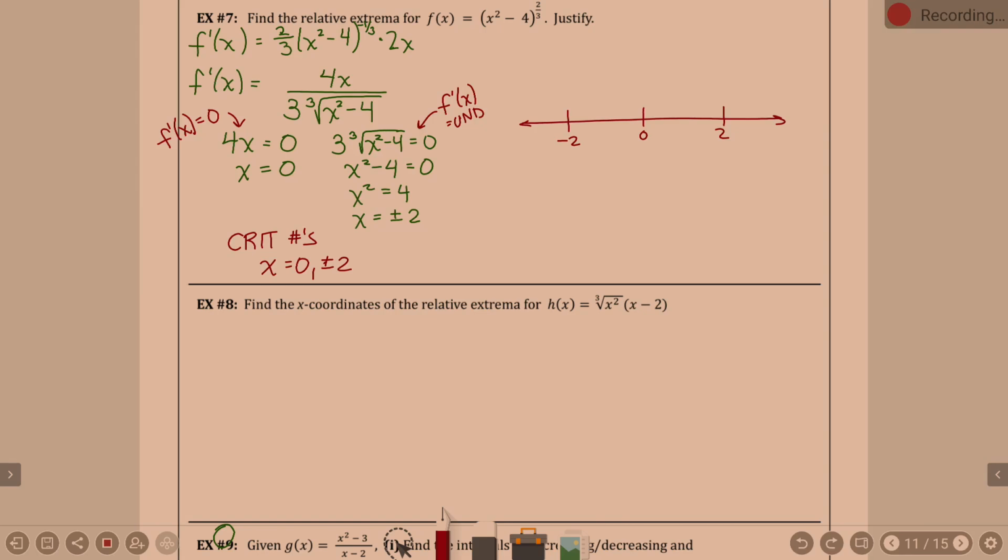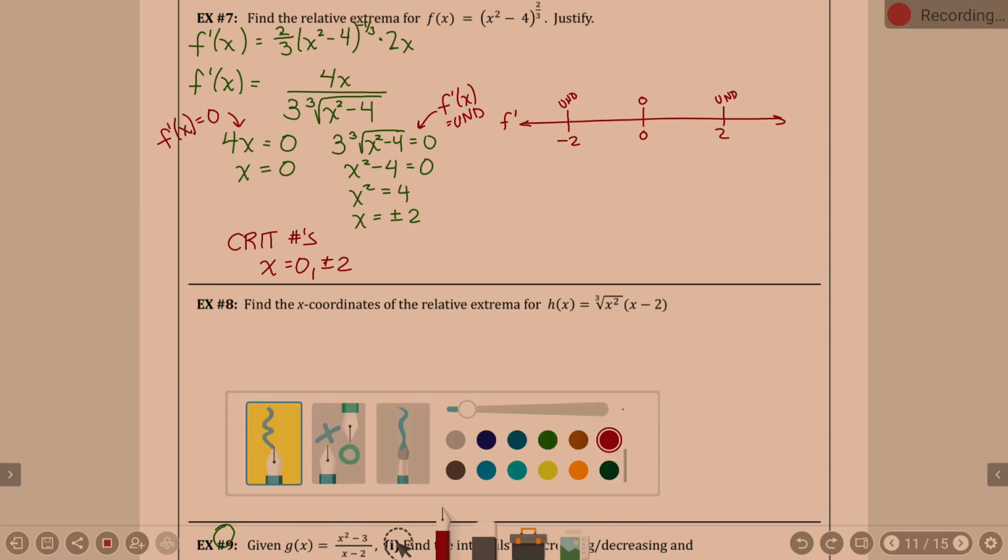And keep in mind, what do we know? The graph is, there's a 0 here, and at 2 and -2, those are places my derivative is undefined.